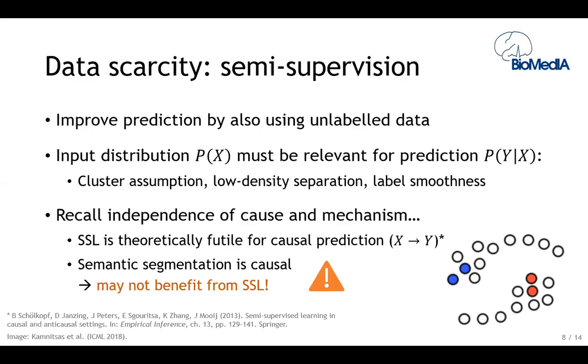And as we saw in the example just now, semantic segmentation is a case of causal prediction. So it is possible that SSL does not help for semantic segmentation. I know that this might be a bit controversial, but this is just what the theory says. We haven't done any experiments to actually verify this, but it's just something to keep in mind.